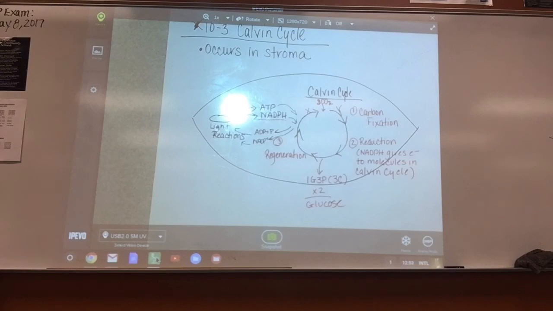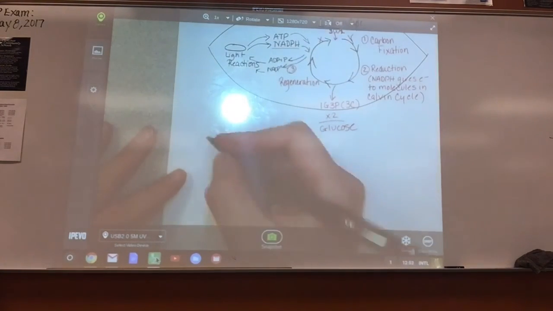Then you have the tyrosine kinase receptors, and you have the gated ion channels. All of these are examples of reception, so review those. And that's reception.